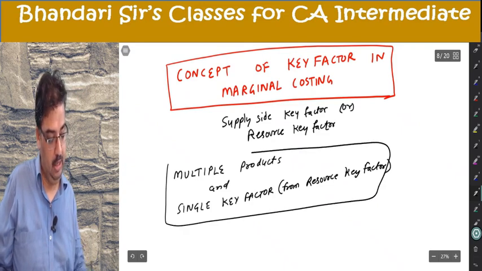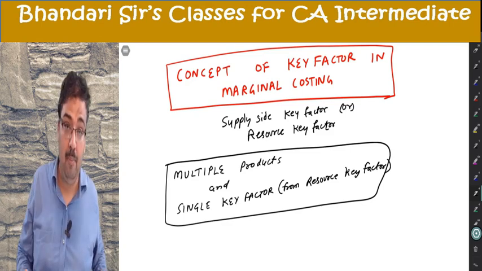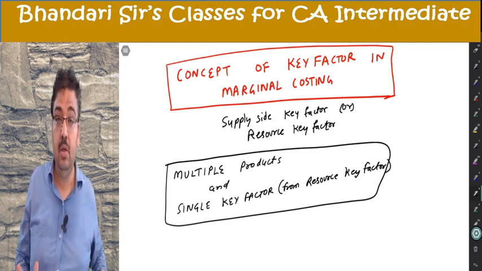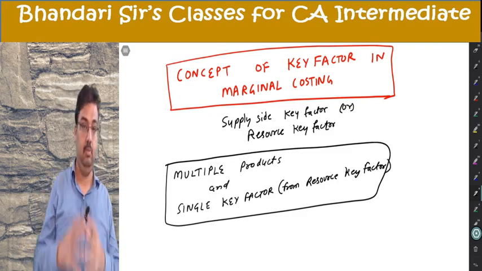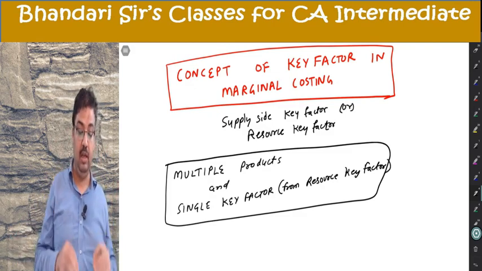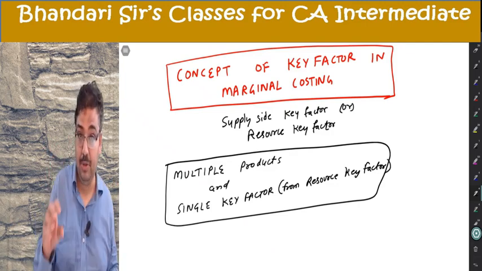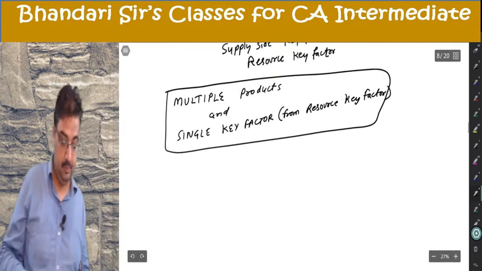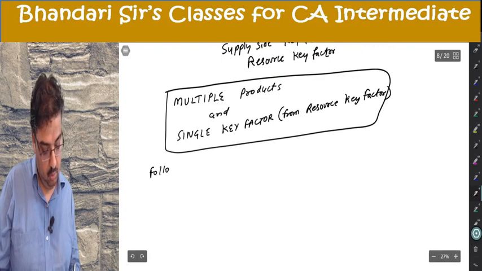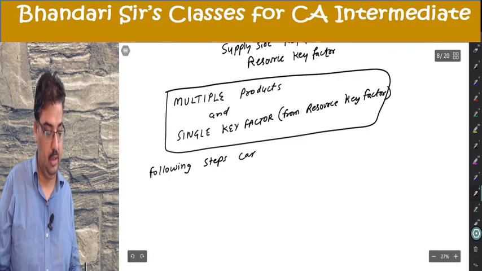One of the inputs is available in limited form and I am producing multiple products, then which product should I make, which product should I not make? That is the decision making you are doing in this concept today. I'll dictate some steps that you can easily apply and get the things. So apply the steps. Following steps can be applied.